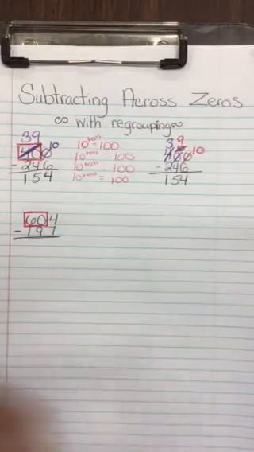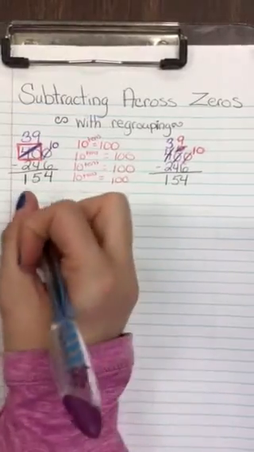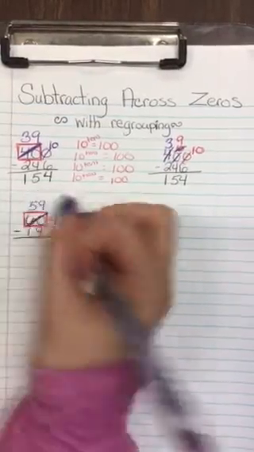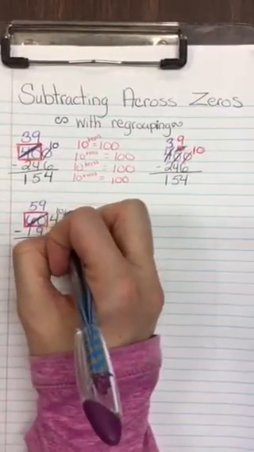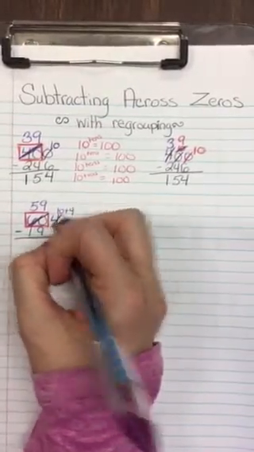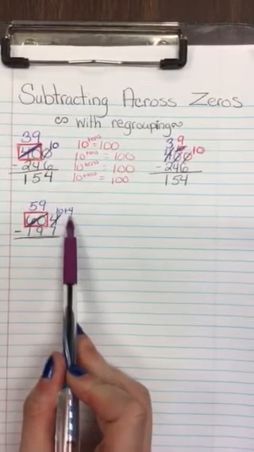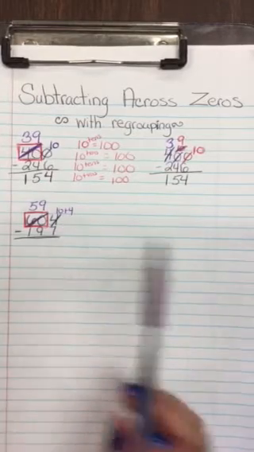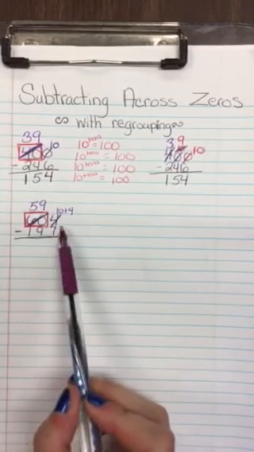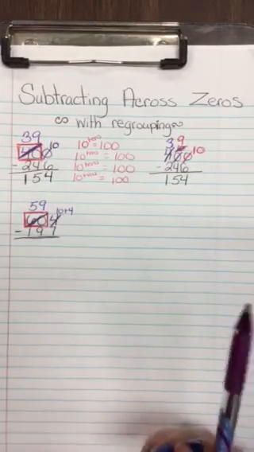So I'm going to regroup one of these 60 tens, which leaves me with 59 tens, and I'm going to add it to my ones place. So now I took that 10 and moved it here, but I still had the 4 that I started with. So you can either look at that as 14. I like to look at it as 10 plus 4 because it's easier to subtract numbers from 10 than 14.